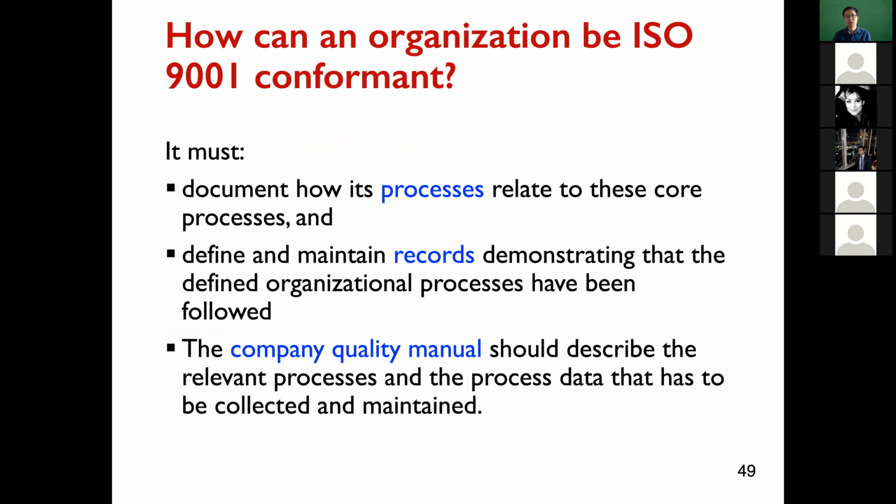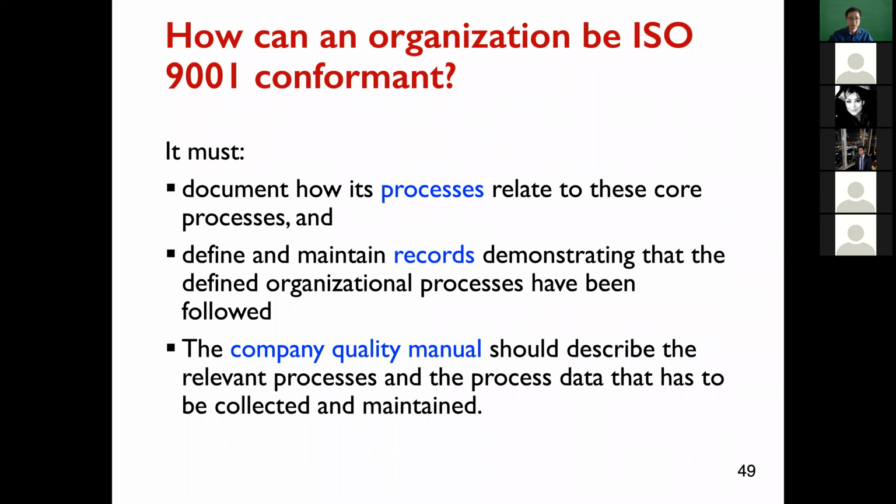So how do you get this certification? You must document how your processes are related to the core processes defined by the standard, the 9 core processes. You also need to define and maintain records. These records should demonstrate that the defined organizational processes have been followed.